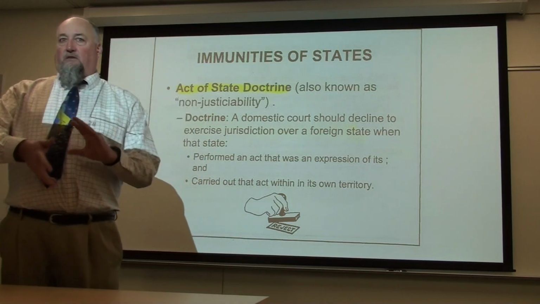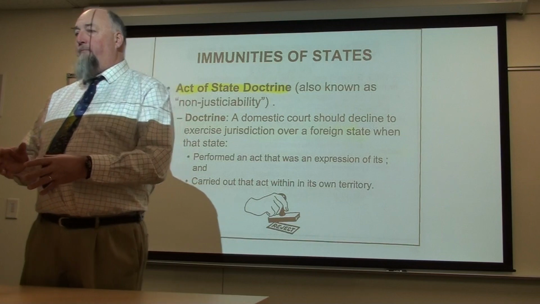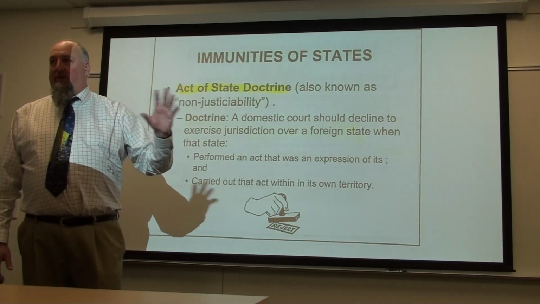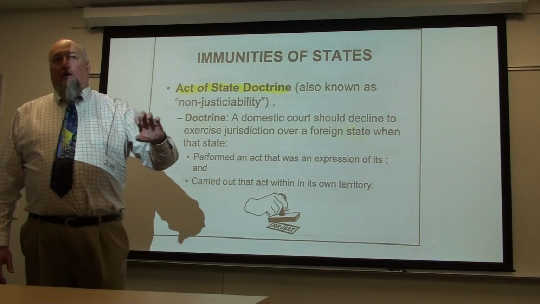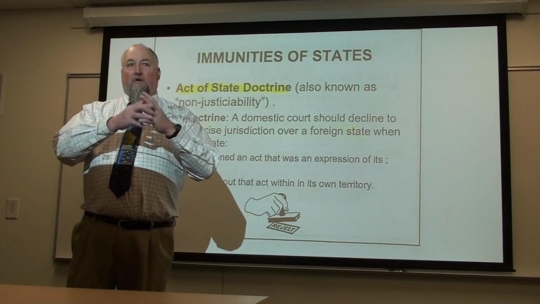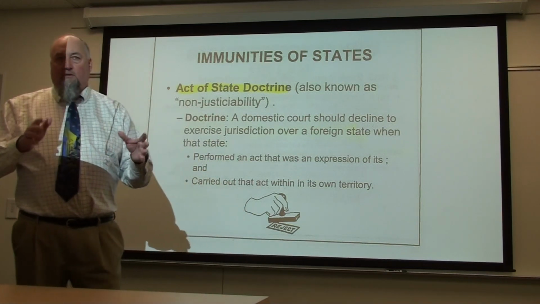Because again, this goes back to separation of powers, because we don't want courts, including the U.S. Supreme Court, essentially declaring the action of a foreign head of state or whatever to be unlawful, because that is a diplomatic function, and that interferes with international relations, so it violates separation of powers.